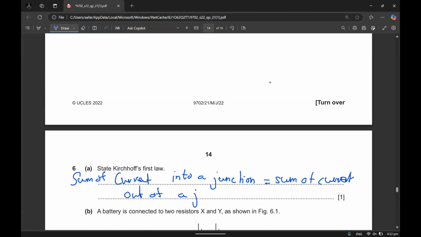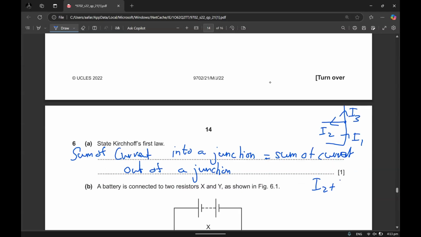Basically, it's the law which we study in O levels. When there is current I1 going over here, and then there are two wires going out from this point, let's say this is I2 and this is I3. Basically, I2 plus I3 is going to be equal to I1. Current is conserved.